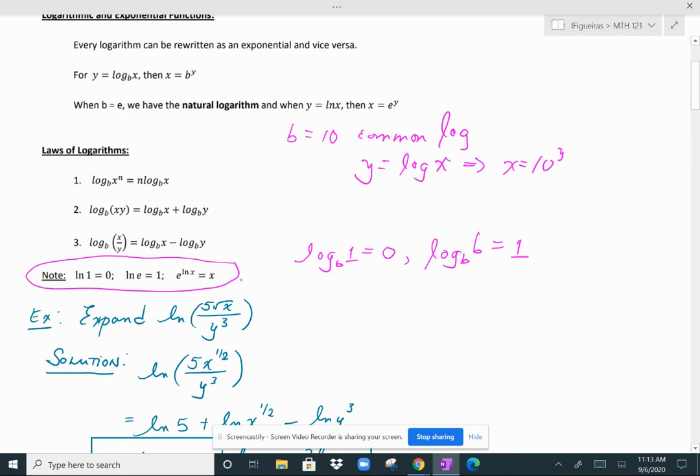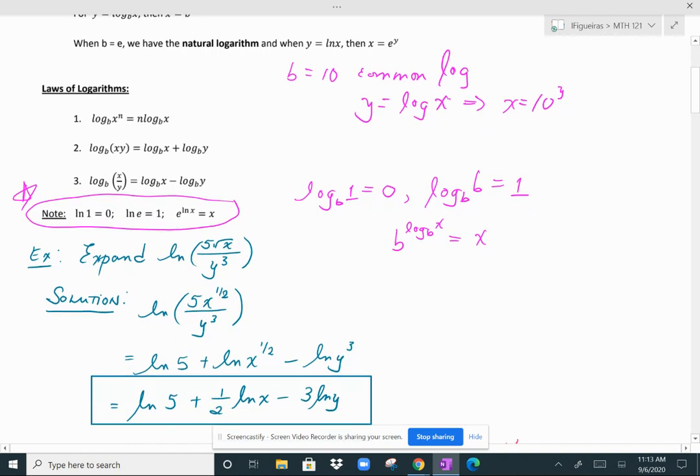And e to the ln of x is equal to x. That would be true of any base: b to the log base b of x would also equal just x. But usually you're using one of these.